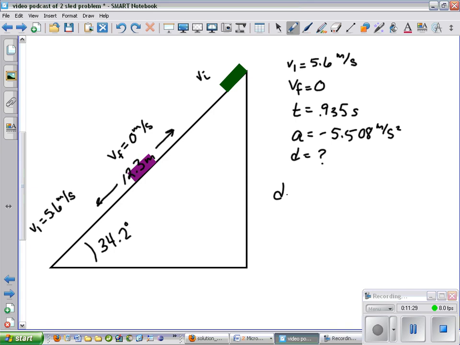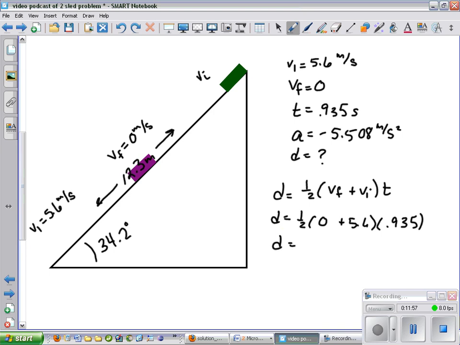So I'm going to use the one that's already solved for d: one half Vf plus Vi times t. And I get 0 plus 5.6 times 0.935. Simplifying that, I just do 5.6 divided by 2 times 0.935 in the calculator, and I get 2.407 meters. All right.